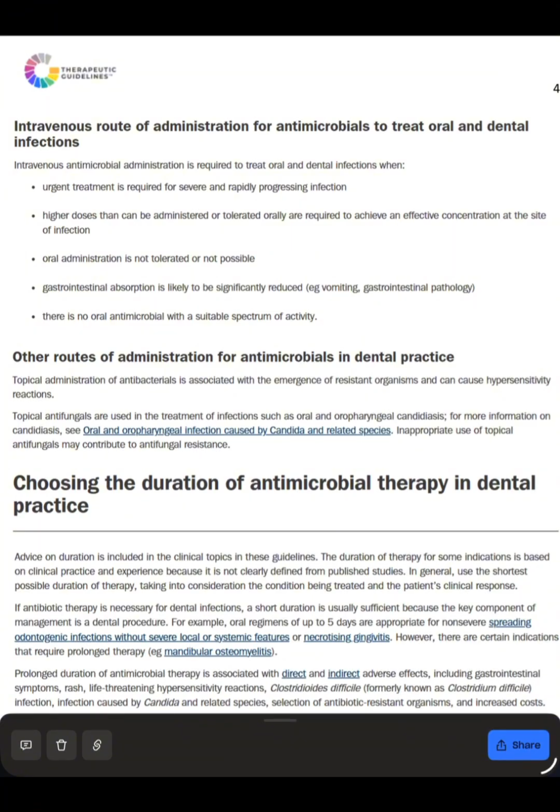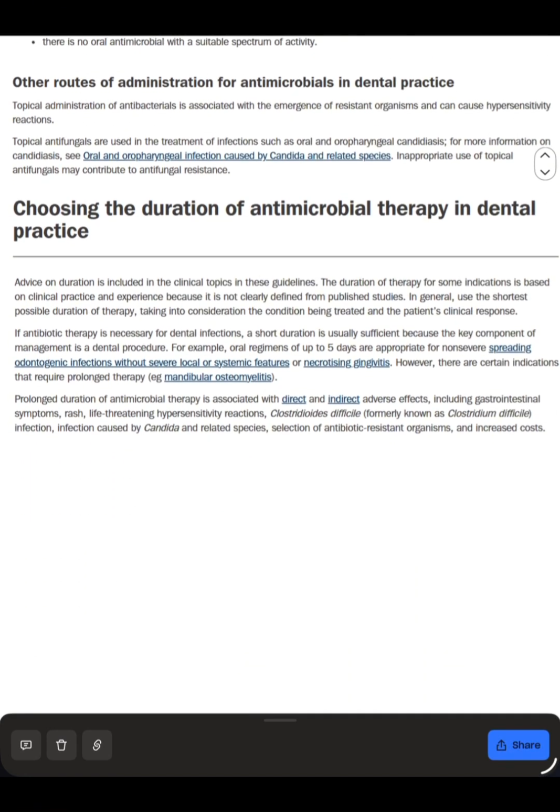Next topic, choosing the duration of antimicrobial therapy in dental practice. Advice on duration is included in the clinical topics in these guidelines. The duration of therapy for some indications is based on clinical practice and experience because it is not clearly defined from published studies. In general, use the shortest possible duration of therapy, taking into consideration the condition being treated and the patient's clinical response.